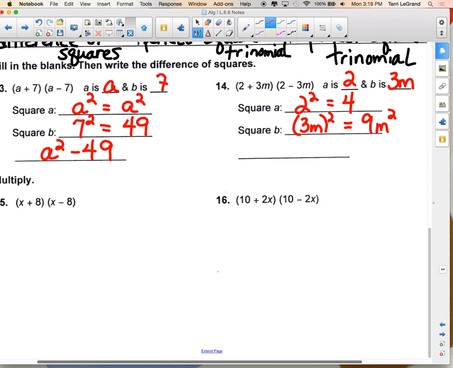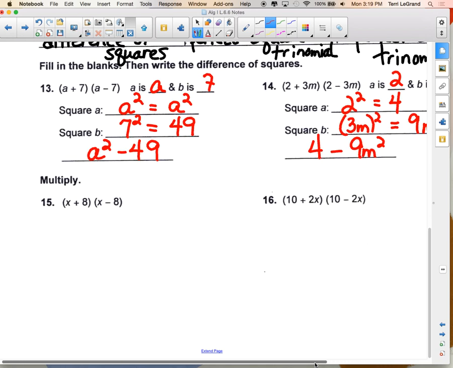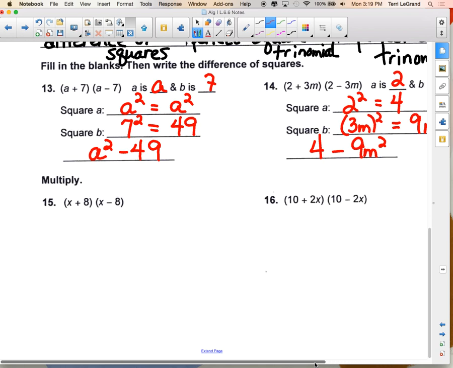So 9m squared, so what would our answer be? Subtraction, fussy. 4 minus 9m squared. Yeah, we have to write it this way. The a squared minus the b squared. That is not in standard form, I get that, but that's okay today. In special products, it's okay because we want to be able to see that we have the difference of squares. So we don't want to change it to an addition problem, okay? That's what we would have to do to put it in standard form.